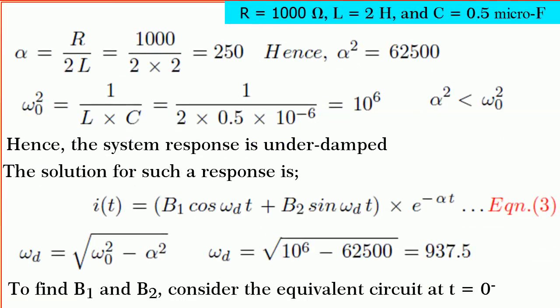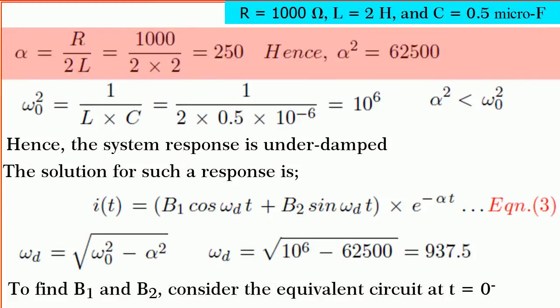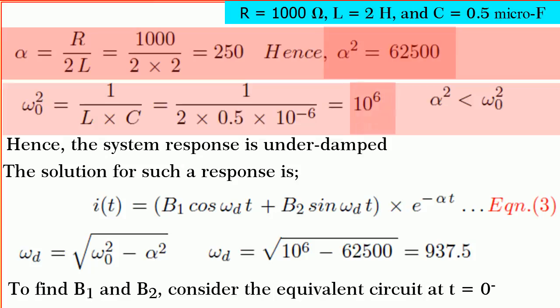Using the given values of R, L and C, we get alpha = 250 and alpha square = 62,500. Similarly, omega naught square is equal to 10 to the power of 6.